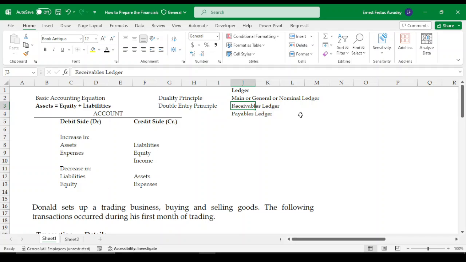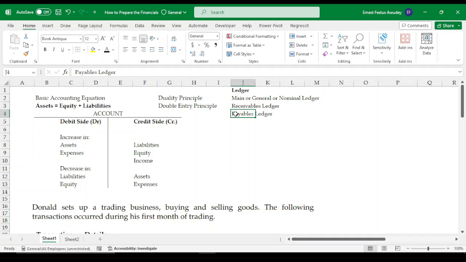So whoever owes the business is going to be recorded in this particular ledger called receivables ledger. There are amounts that we are expecting to receive within the next financial year. All right. So that is the receivables ledger.